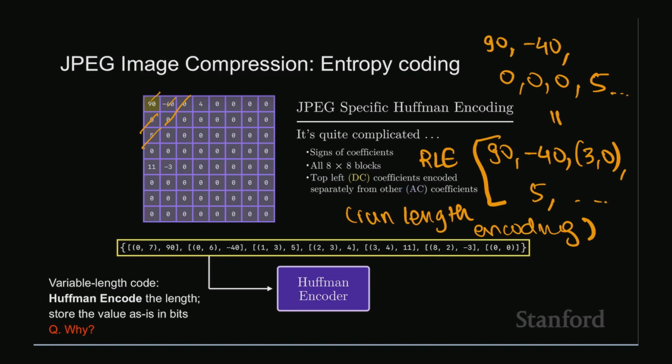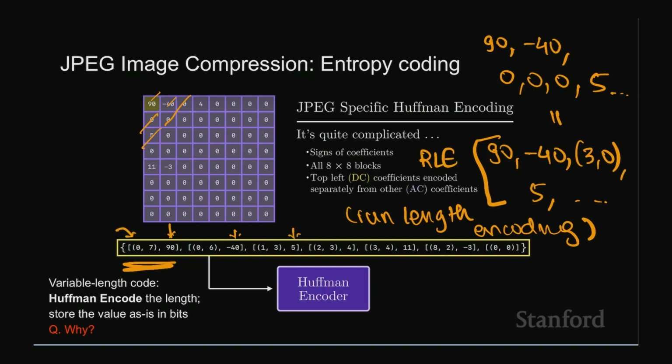And in JPEG, you actually go one step further. So this is a variable length encoder. You actually store these triplets. So you see 90 showing up, but it has a tuple before it. And what this tuple is saying is that the third number is just the value, so 90, minus 45, the non-zero values.